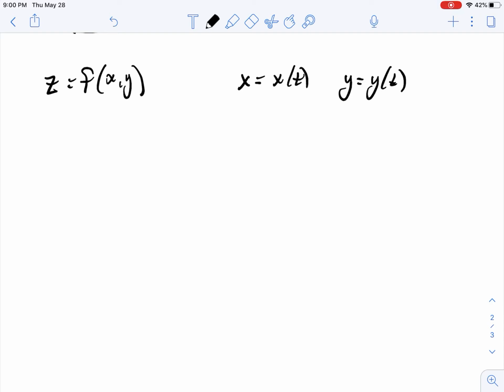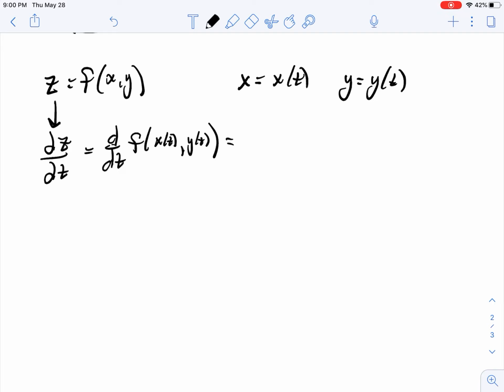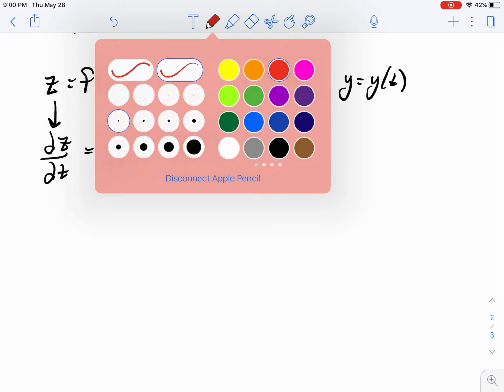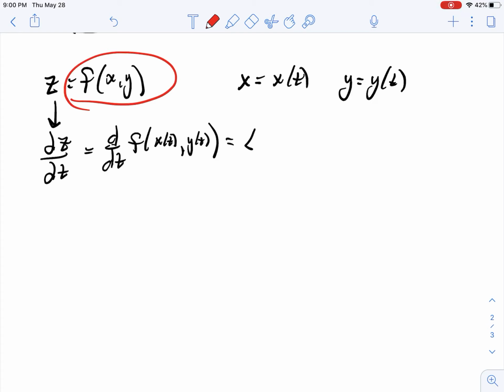Okay. Now keep in mind that this is the same thing as z. Therefore, if I ask you to find, let's say, partial dz of dt, or if I say find the derivative d/dt of f of x of t, comma y of t, what you have then is taking the derivative of the function according to each individual variable, so the gradient.